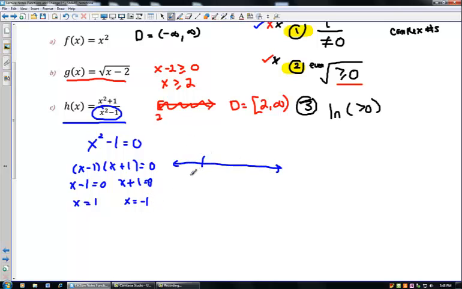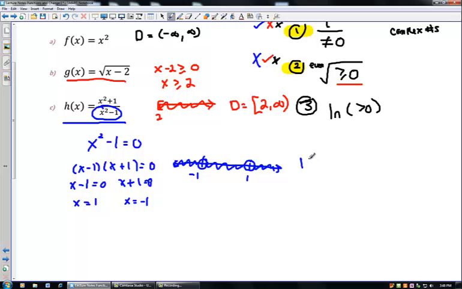So I'll take out negative 1 and 1. So when you take out, I draw a big circle here, an open circle. And I know it can be any numbers except for negative 1 and 1. Realize it does not satisfy 2. You don't need to worry about it. There's no radicals.